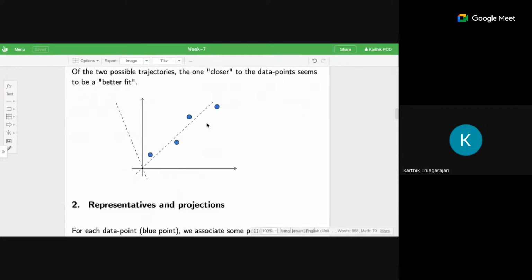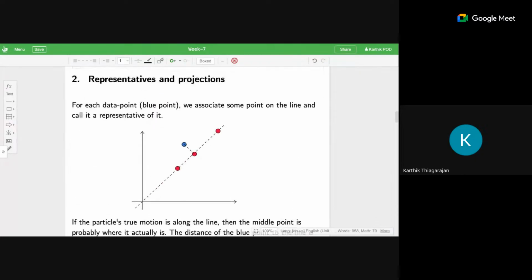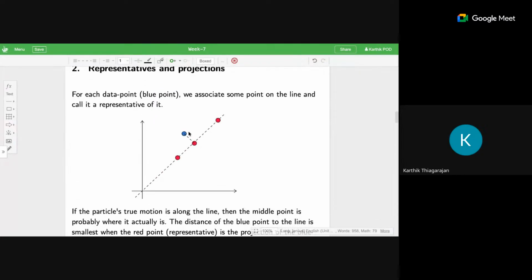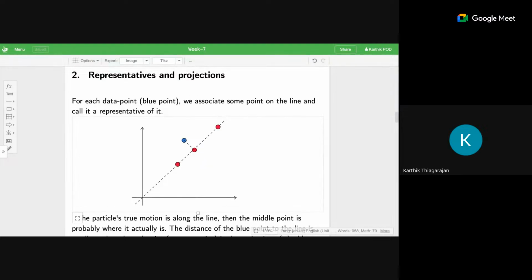Okay, and of these two lines, we noticed that this line is better intuitively because it's closer to the points. So what does closeness mean? We said that each true data point can be represented using some other point on the line, and we call that point the representative, or you can also call it a proxy for this blue point. This is nothing but the projection, right?